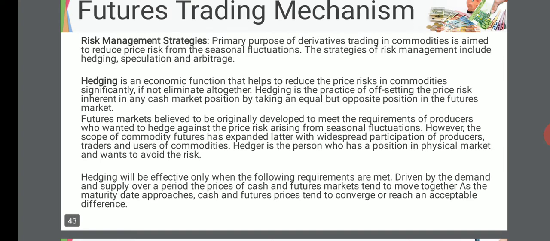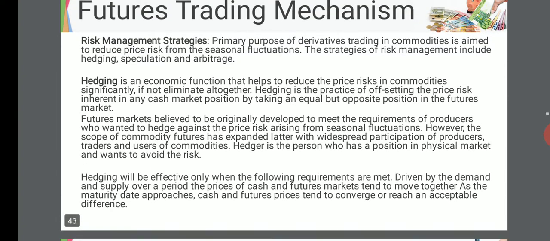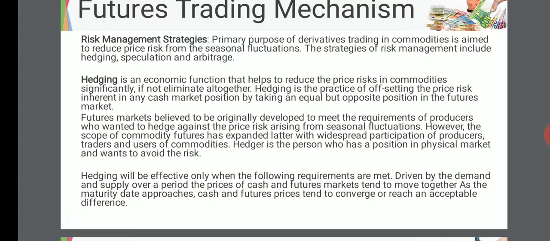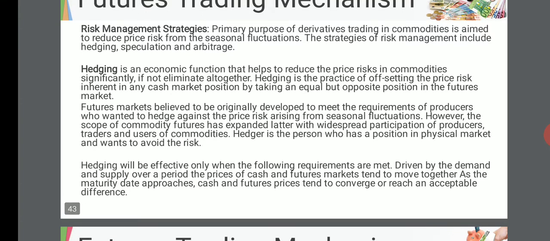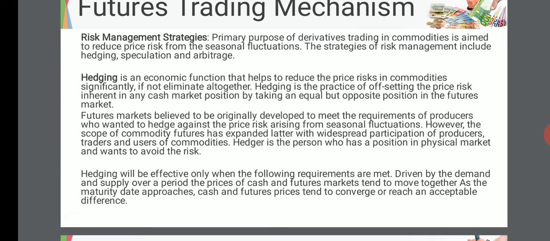Hedging is the practice of offsetting the price risk inherent in any cash market position by taking an equal but opposite position in the futures market. The futures market is believed to have been originally developed to meet the requirements of producers who want to hedge against the price risk arising from seasonal fluctuations. However, the scope of commodity futures has expanded later with widespread participation of producers, traders, and users of commodities. A hedger is the person who has a position in the physical market and wants to avoid the risk.